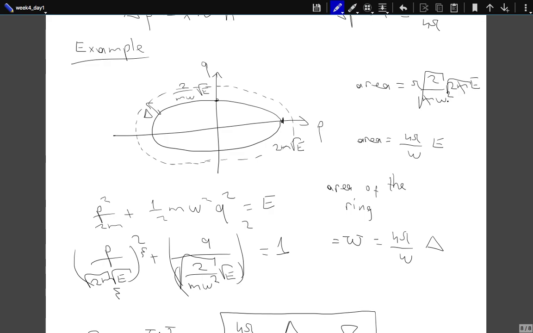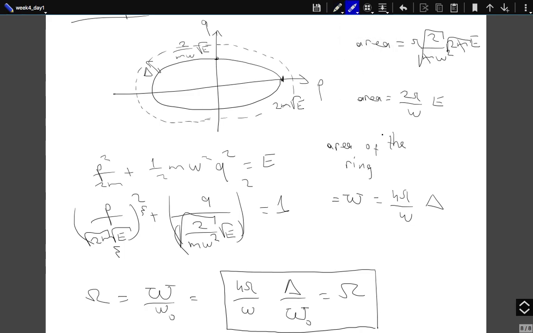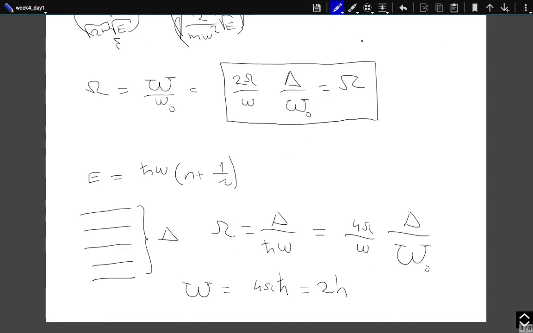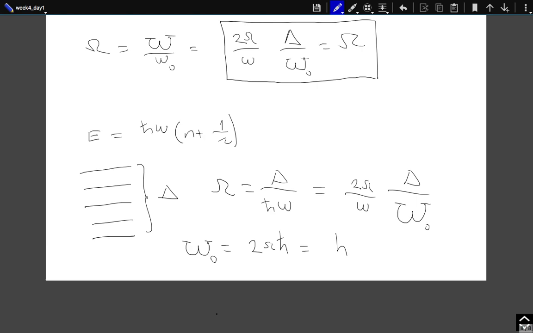Pi is there. The m's still cancel, omega squared gets out as omega. The only thing is square root of 4 instead of 4, so that is 2. So again omega 0, as before, just turns out to be 2 pi h bar.